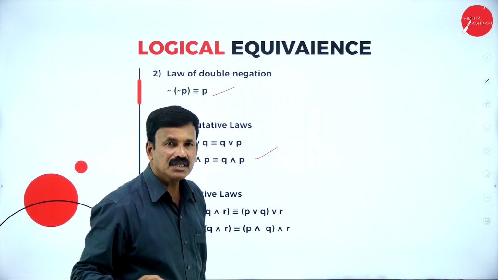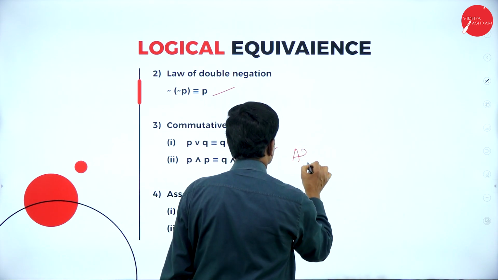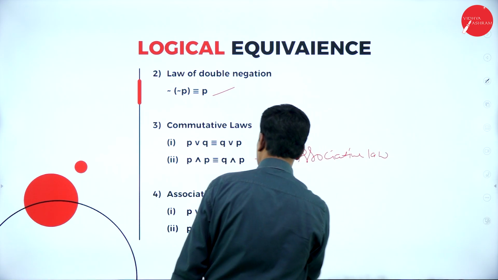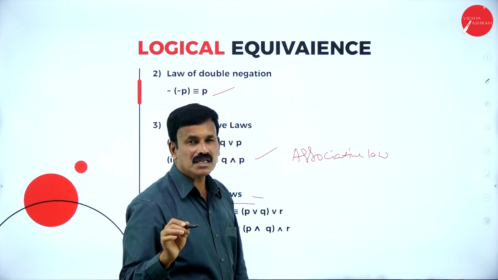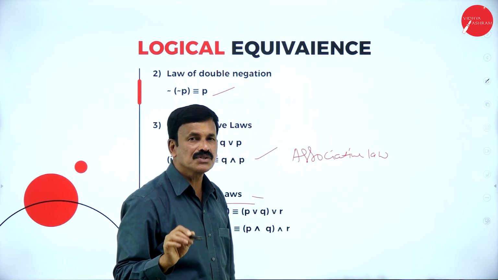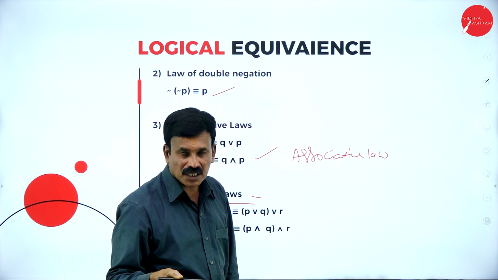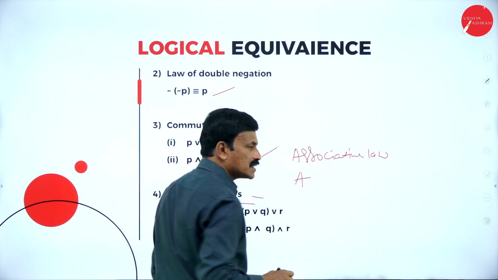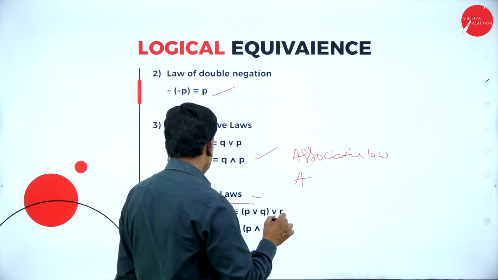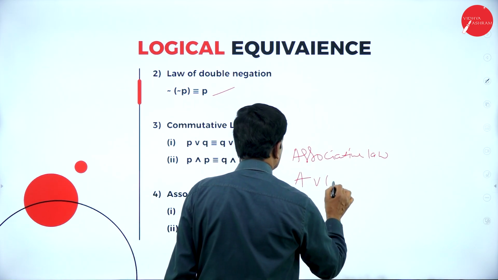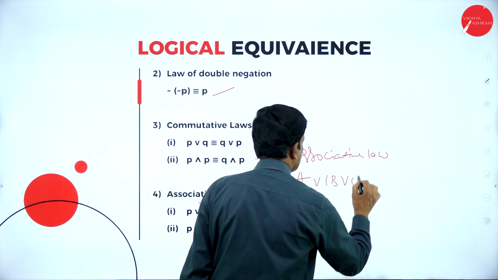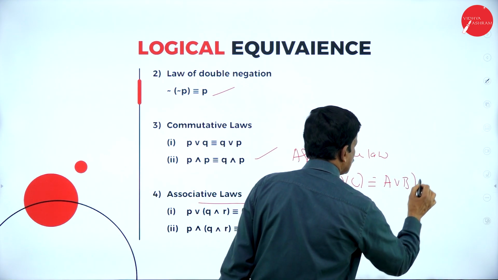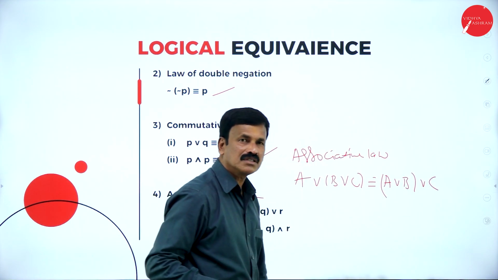Now, move on to the next one, the associative law. This is very important. In the examination, they will ask you to verify the associative law using truth tables. Let us consider A, B, C. A disjunction B disjunction C is logically equivalent to A disjunction B disjunction C, grouped differently, in case of disjunction.